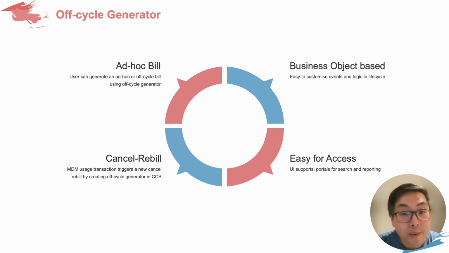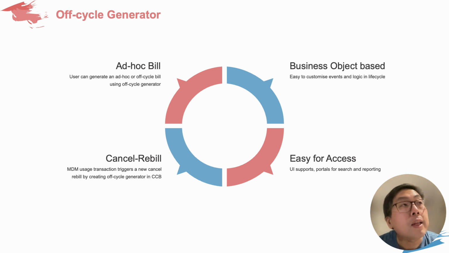So it is quite an often used pattern for MDM to trigger cancel rebuild if there are any changes in terms of consumption.